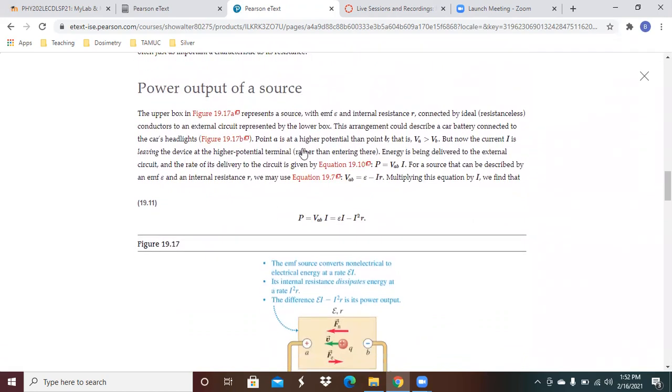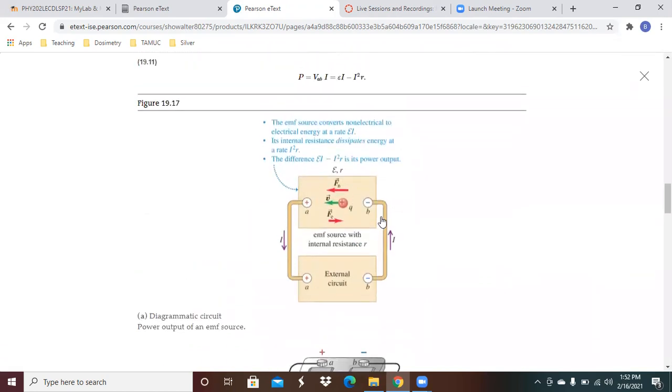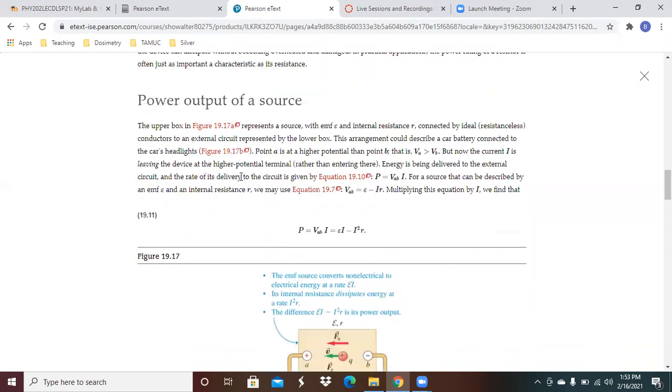So let's take a look at this particular situation. We've got an EMF source here that converts non-electrical to electrical energy at this rate. Its internal resistance dissipates energy at this rate, and then the difference is going to be the power output.